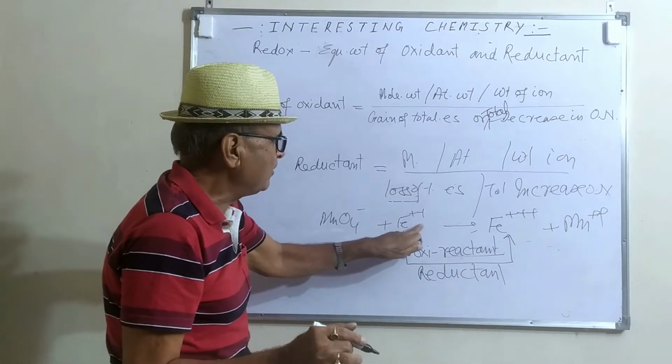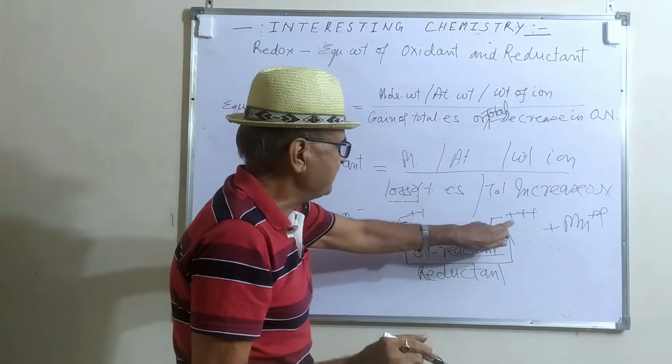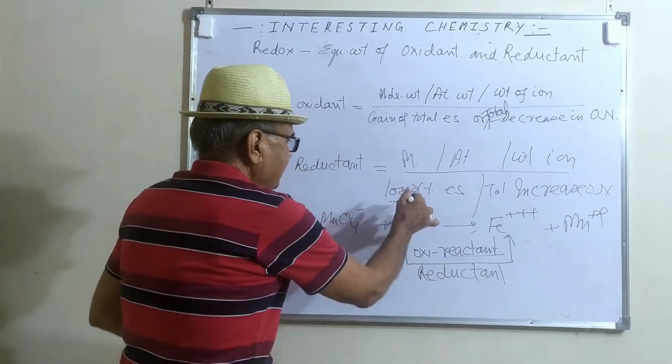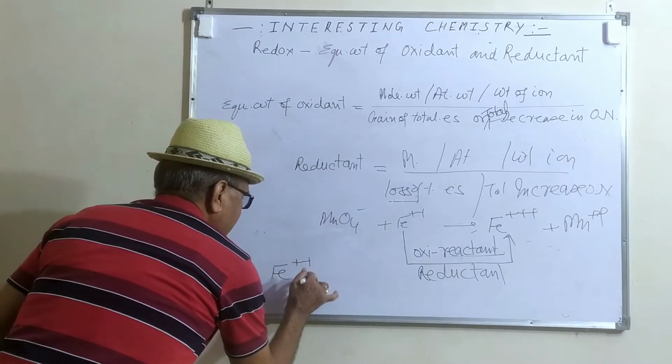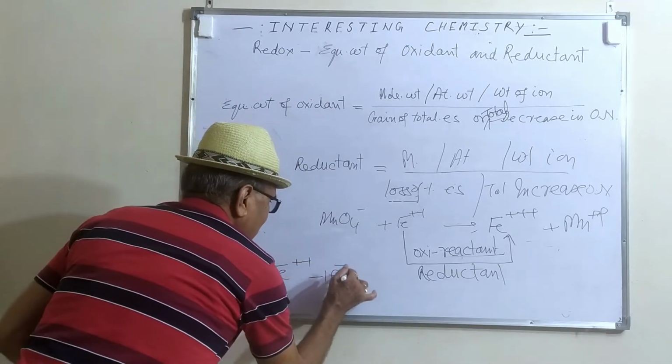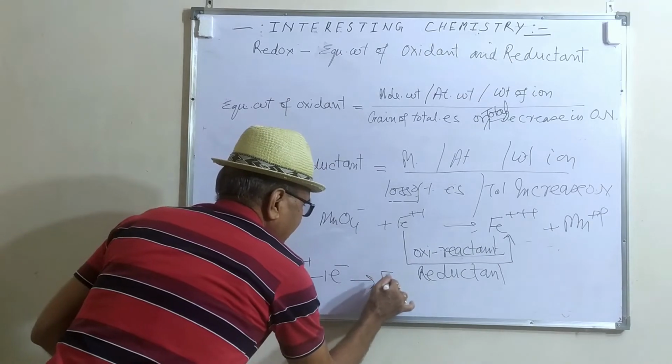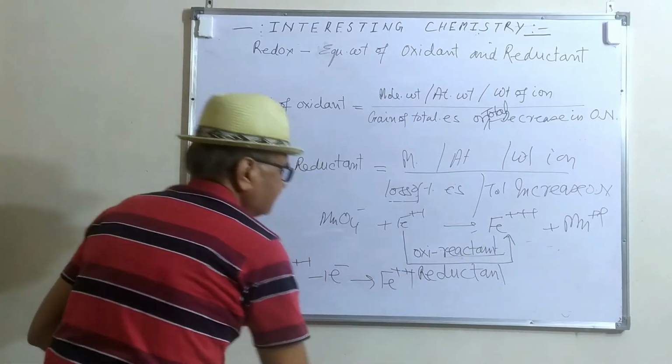So Fe changes into Fe triple positive; Fe will lose one electron to form Fe triple positive.